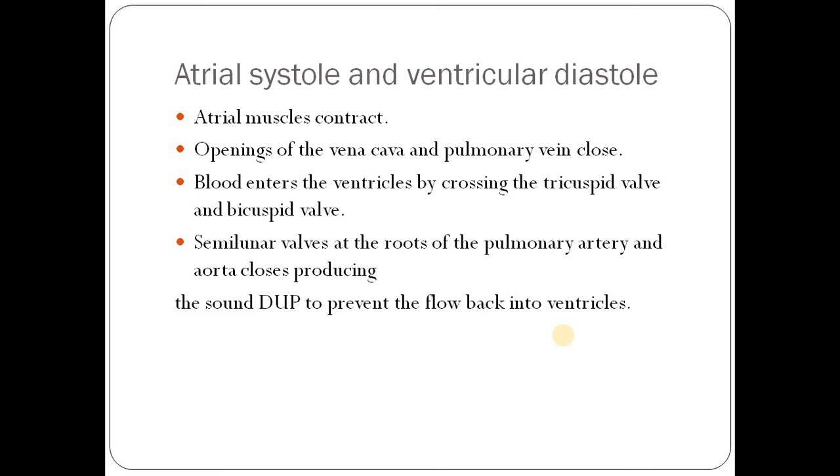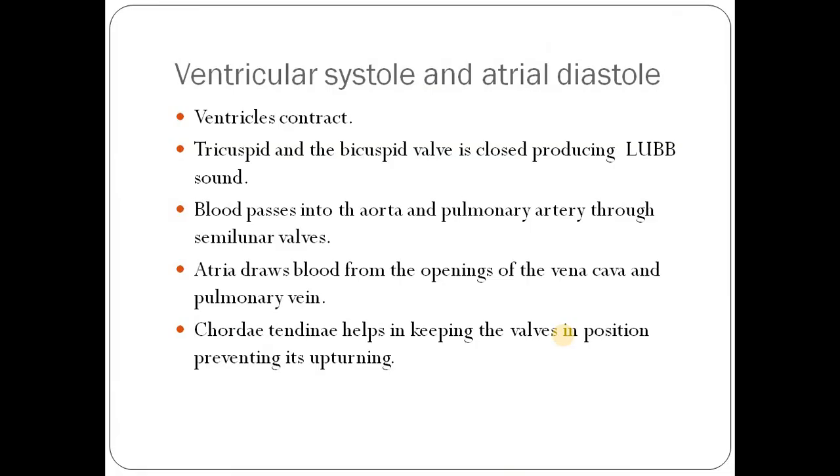Now slowly the blood in the auricles is emptying, so they start to relax. When they relax, the ventricles are filling up with blood and the ventricles are now contracting. And when they contract, at that time the tricuspid and the bicuspid valves will close sharply, and there will be the opening of the pulmonary vein and the vena cava, and again the blood is going to fill in the auricles.